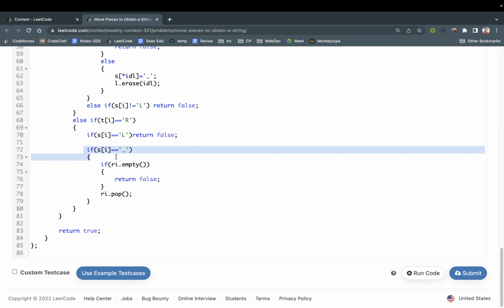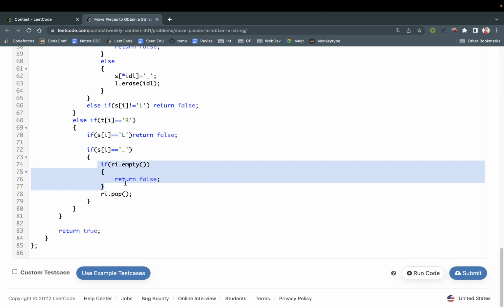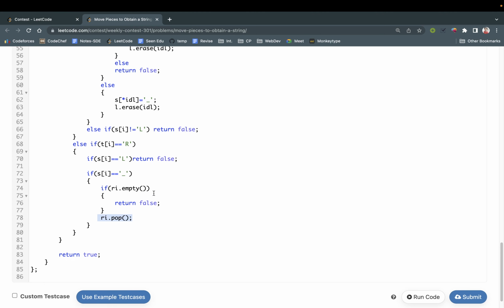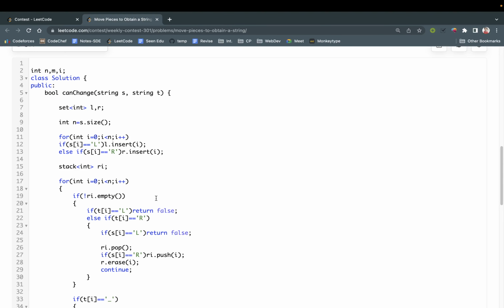Otherwise, if the s of i is dash, then what I'm doing is, in our stack, if there is any R already present from our past, that I am storing in Ri, simply if it's empty returning false. Otherwise, if it's not empty, I'm popping, meaning decrementing that Ri.